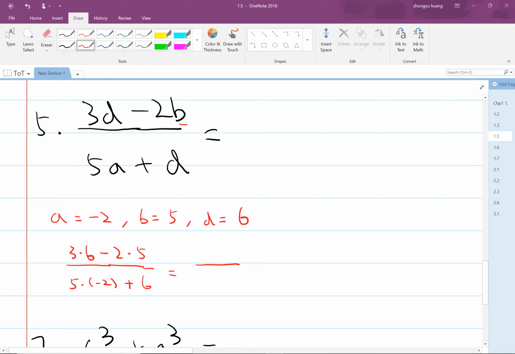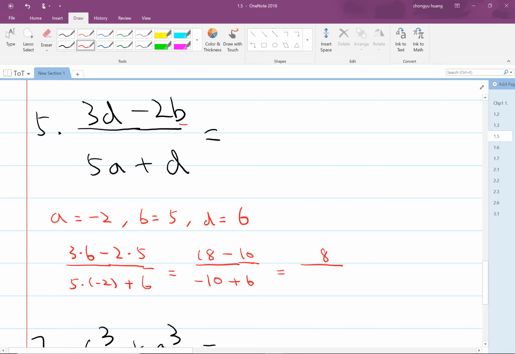So 3 multiplied by 6 is equal to 18, right? And then 2 multiplied by 5 is equal to 10, right? And then on the denominator, 5 multiplied by negative 2 is negative 10, and then plus 6, right? And then further we have to finish those addition and subtraction before we simplify a little bit, right? So on the numerator we have 18 minus 10, so it's going to be 8, right?